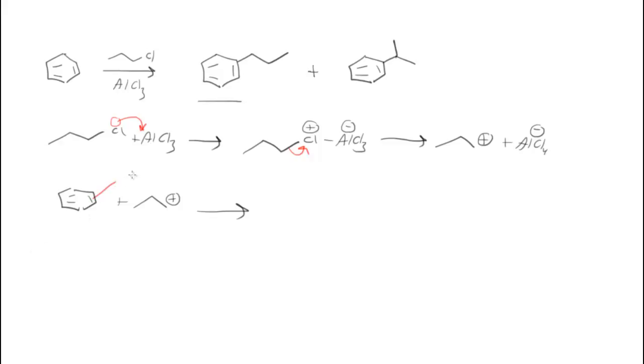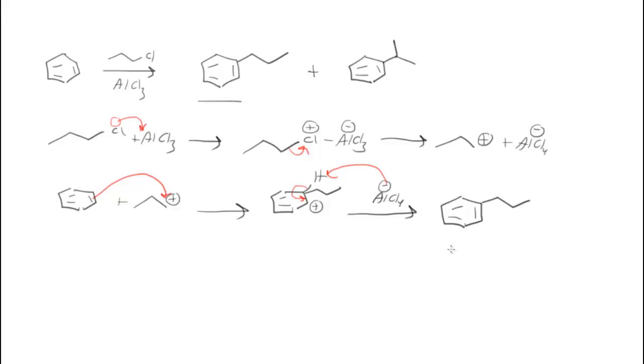So if we make the primary carbocation, the benzene ring reacts with that. And aluminum chloride comes by, takes off the proton. We get the first product, no problem.